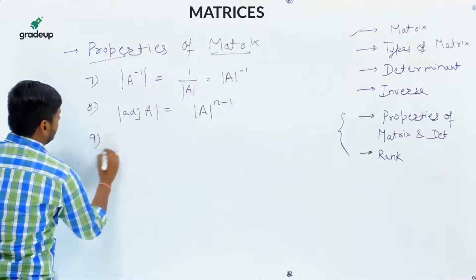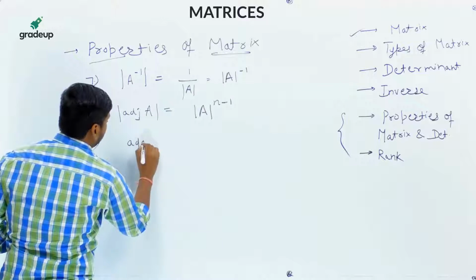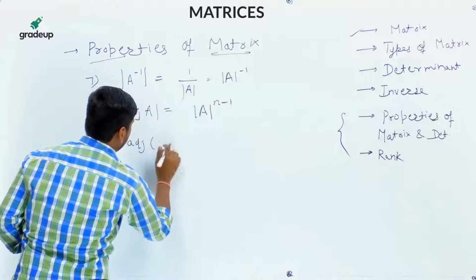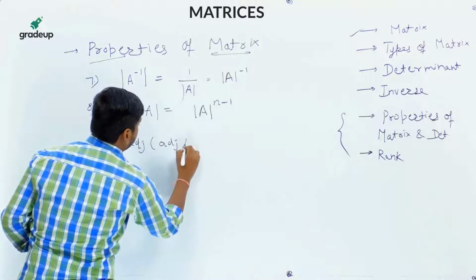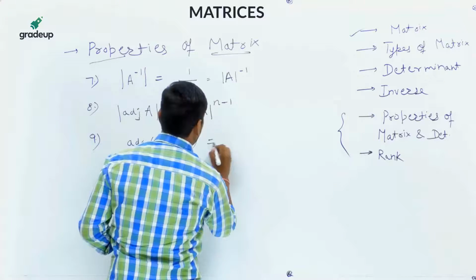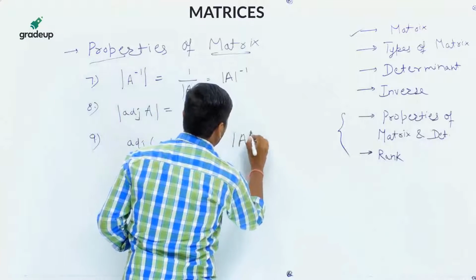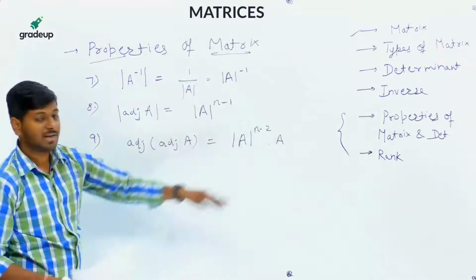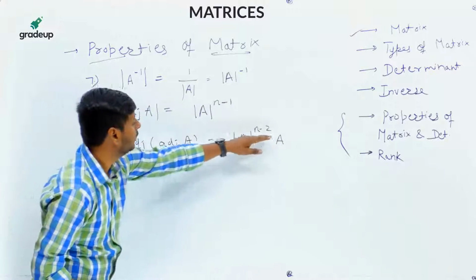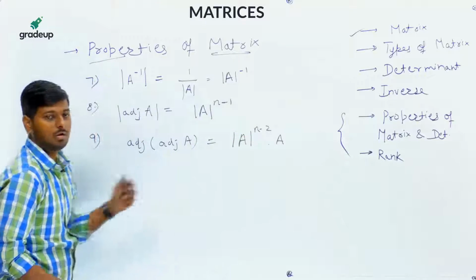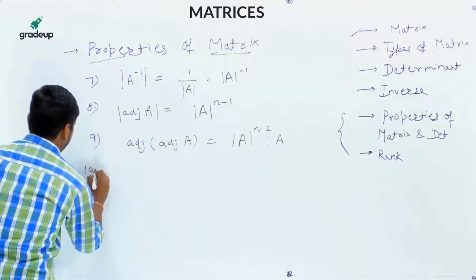Next we will see what is the adjoint of a matrix. The adjoint of a matrix is equal to determinant of A to the power n minus 2 into A. The matrix A is multiplied by determinant of A to the power n minus 2, where n again is the number of rows or columns. 10th.